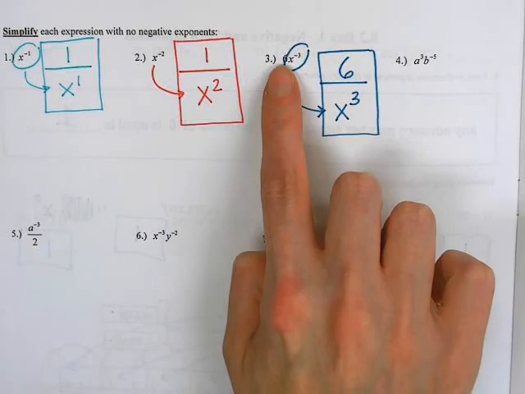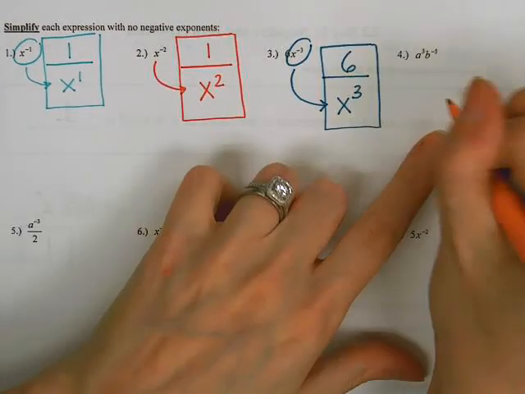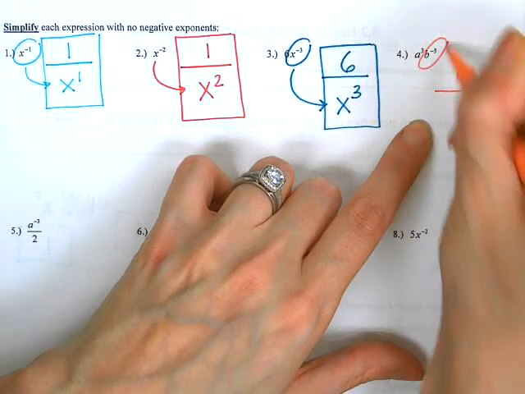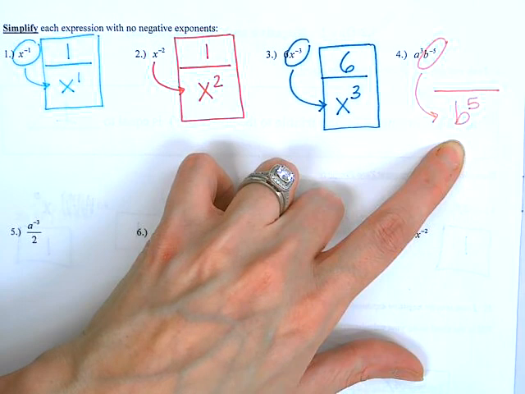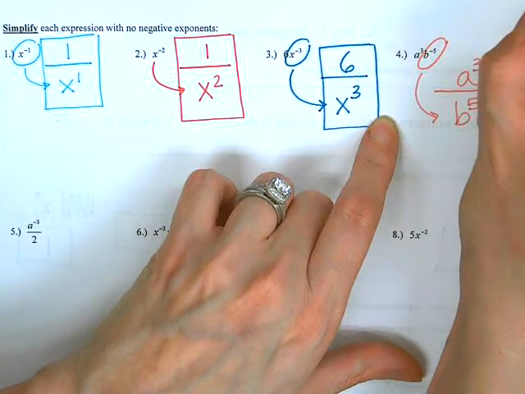Anything else that was fine stays on top. Number 4, let's draw our fraction bar. Only the b has a negative exponent, so only the b needs to drop and become positive, which means the a gets to stay on top.